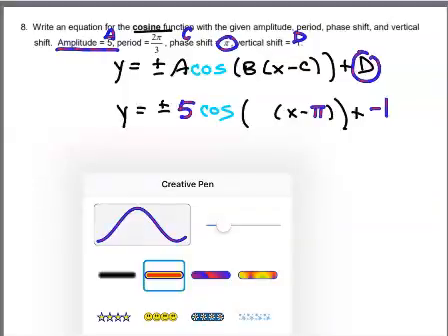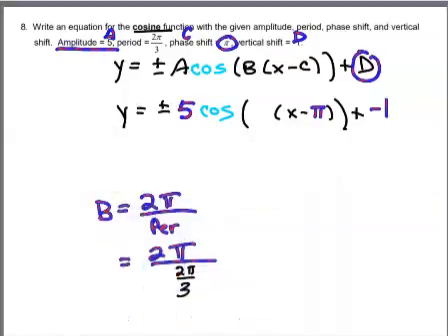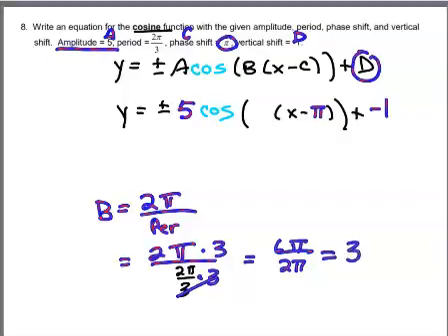So to get rid of that, I'm going to start by multiplying by 3. If I do that top and bottom by 3, then I get 2 times 3 is 6 over 2 pi. The pis cross off, and we're left with 3. So B is 2 pi over the period. That's our B.